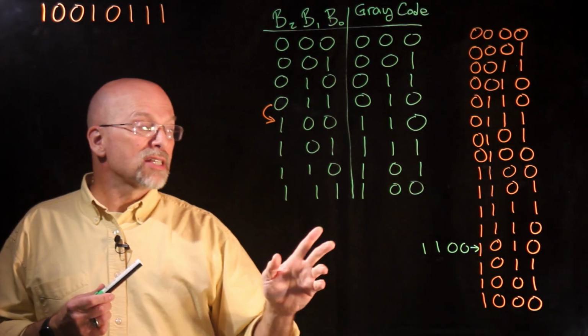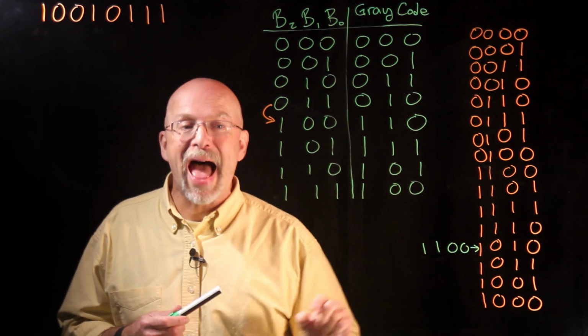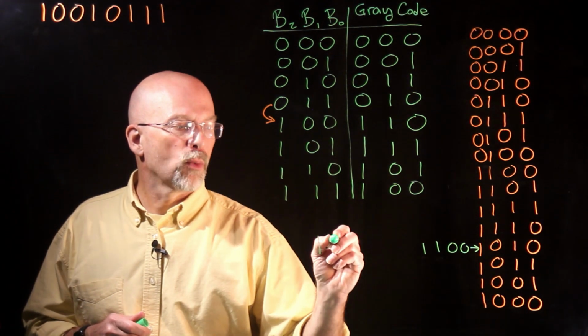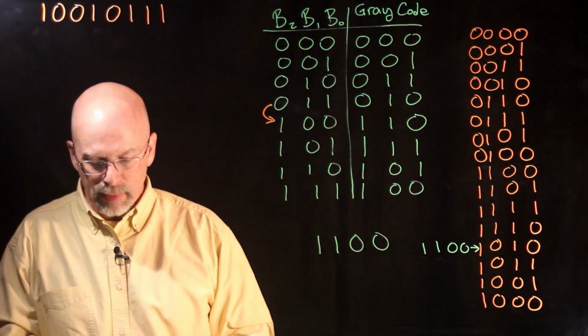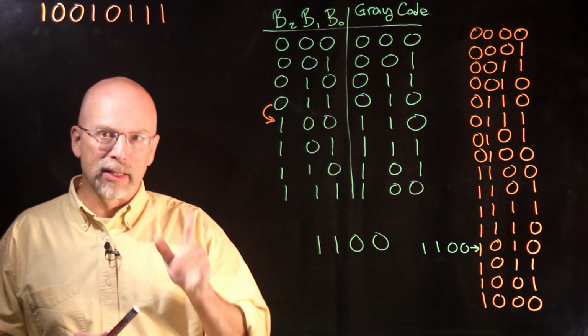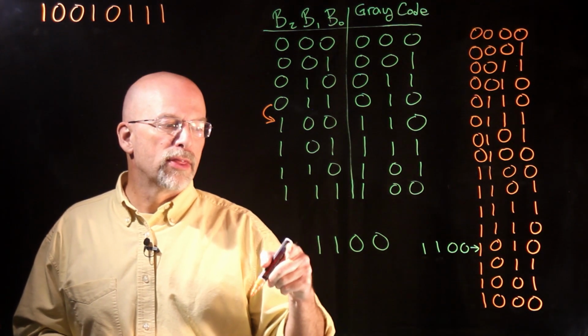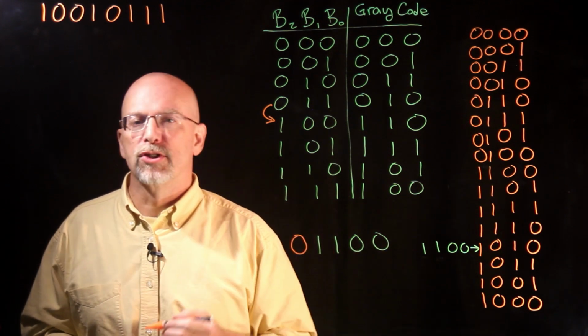Now, is there a way to go from this number to this pattern? Turns out there is. Let's just start with the 1, 1, 0, 0. Now the process goes something like this. Precede this number here with the number 0.